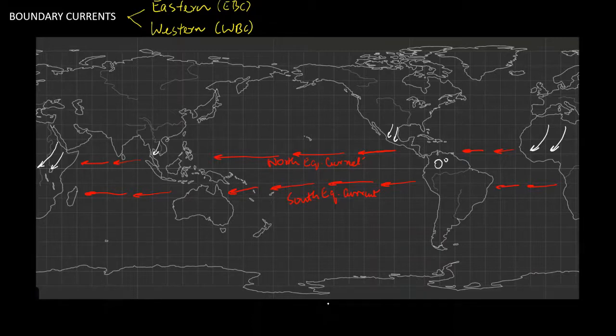Now, in the Pacific Ocean, there is another current which flows from the tropical latitude and goes along like this.